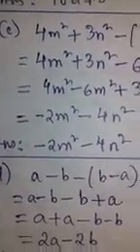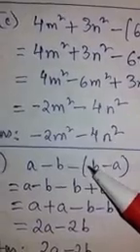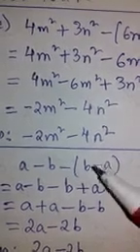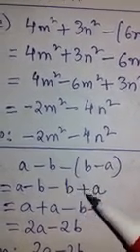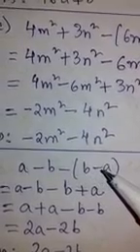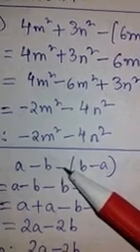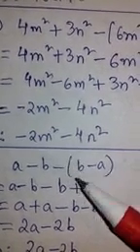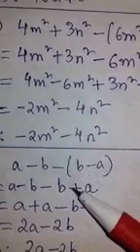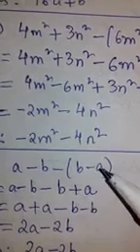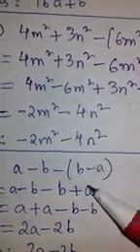Next, part D. Here also the second term is given inside the bracket. So, your work is to open the bracket first and change the signs of the terms present inside the bracket, as you have a negative sign outside the bracket. So when you open the bracket, what will happen? The signs will change. Plus b became minus b and minus a became plus a.